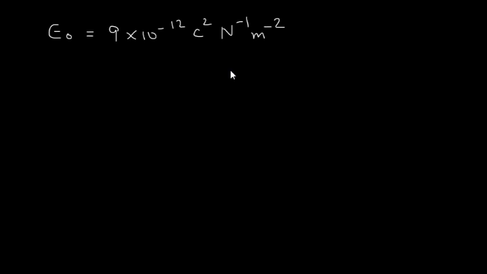So we can write 1 by 4 pi epsilon naught is equal to 9 into 10 to the power 9 Newton meter square per Coulomb square.